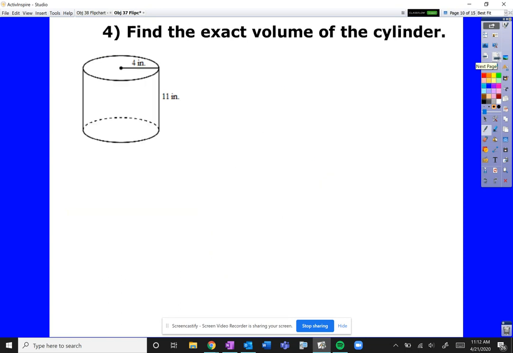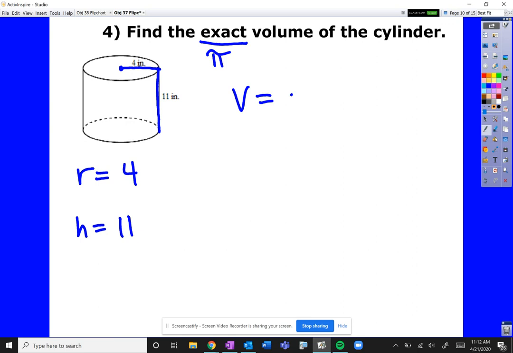Find the exact volume of the cylinder. Perfect. Exact means we want to leave pi. Look at our diagram. Once again, we have a dimension that goes halfway across the circle, so we know our radius is 4. We have a height of 11. Volume equals pi r squared times h.